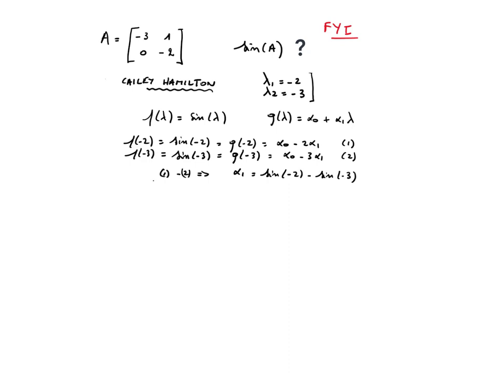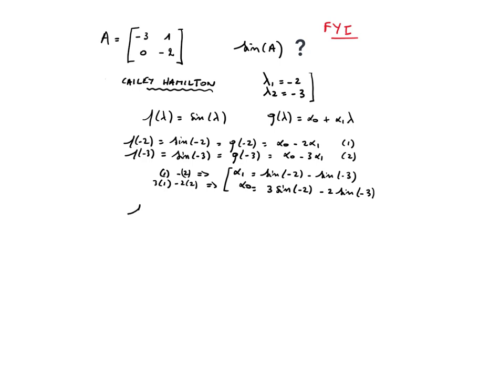And if you do 3 times 1 minus 2 times 2, we obtain that alpha 0 is equal to 3 times the sine of -2 minus 2 times the sine of -3, right?